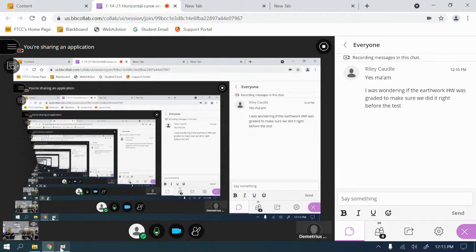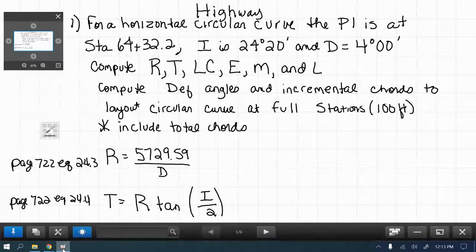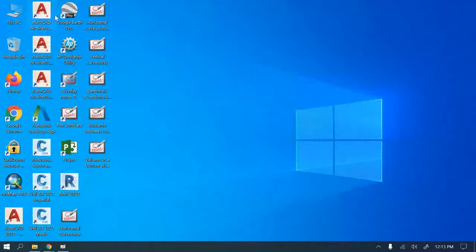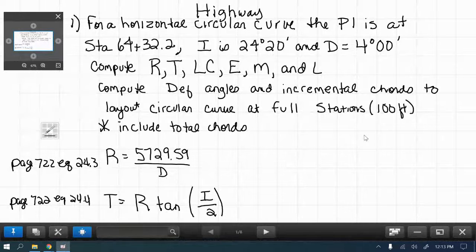All right, so I have already saved on my desktop all the problems that I'm going to start working today. I'm going to first start with horizontal curves, and these are going to be examples like you're going to see on the test.